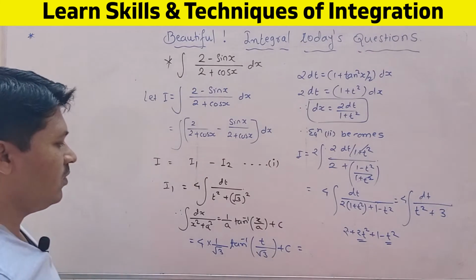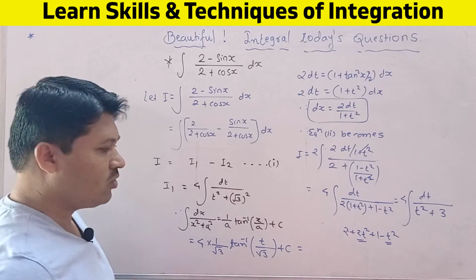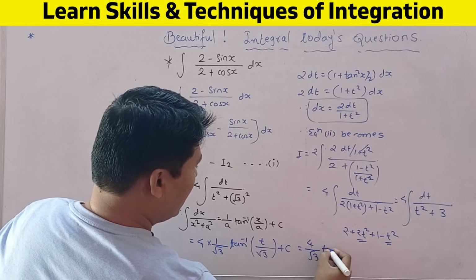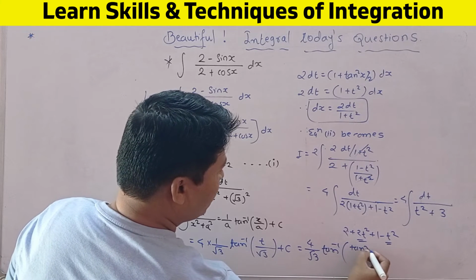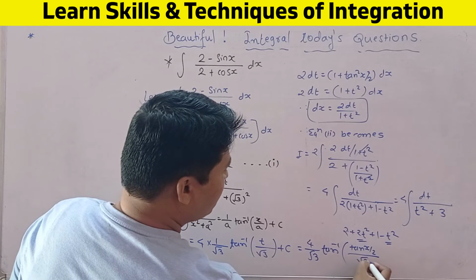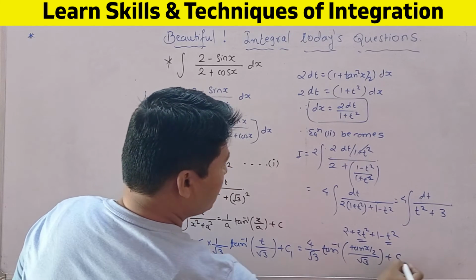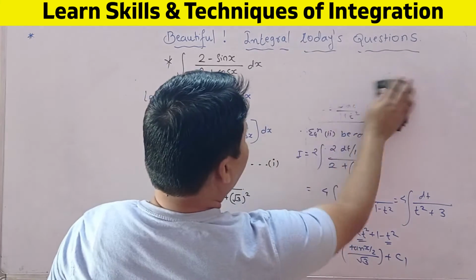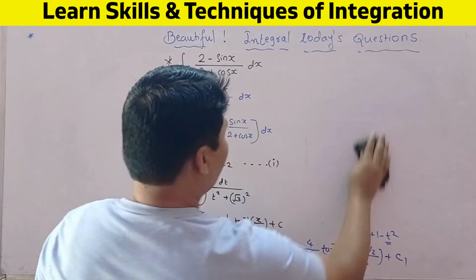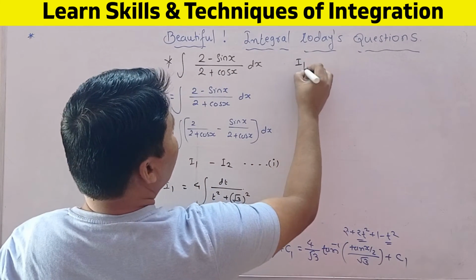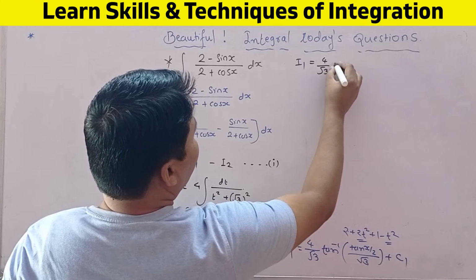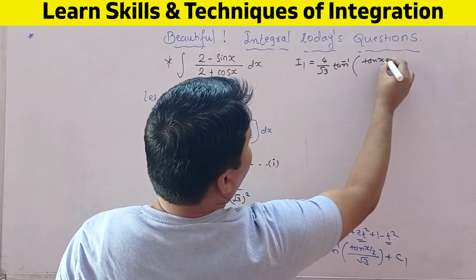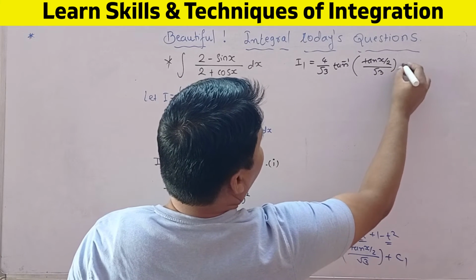Now putting back t equal to tan x by 2, the final solution for I1 is 4 by root 3 tan inverse of (tan x by 2 divided by root 3) plus c1, where c1 is the constant for I1.